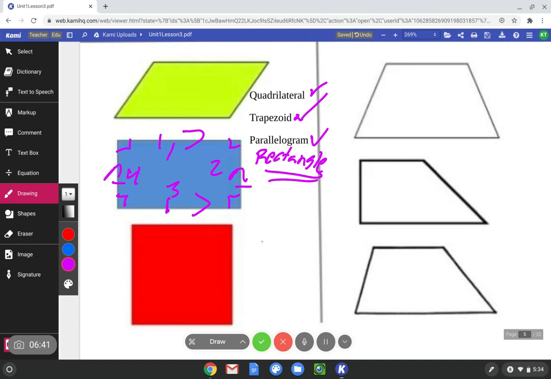This blue shape is a quadrilateral, and it's a trapezoid, and a parallelogram. And the most specific name we can give it is a rectangle. You want to start vague and get as specific as possible. And the way we get as specific as possible is through classifying and recognizing the attributes that shapes have.